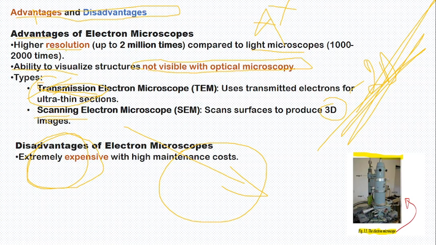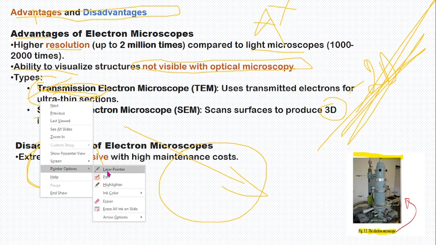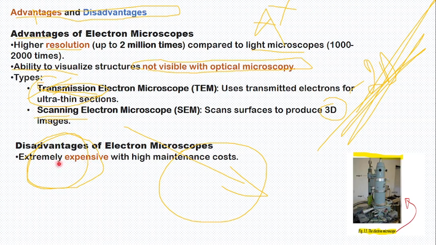So among the disadvantages of electron microscopy, number one, it is expensive. In Rwanda and even in Africa, maybe one or no countries have this electron microscope. So why don't we have it, as we have seen that it is very, very important?